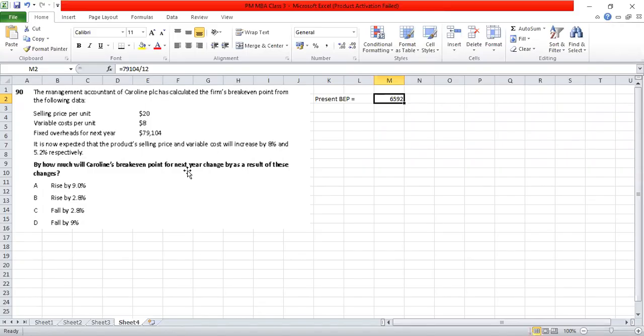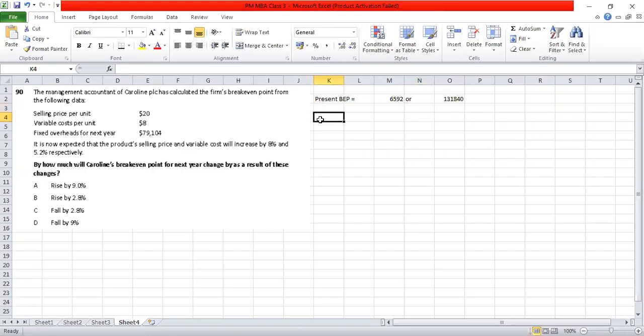We got 6,592 units. Or according to your method, it would be this into 20. So you got the break-even point as 131,840. Either way is correct, anything we can follow.